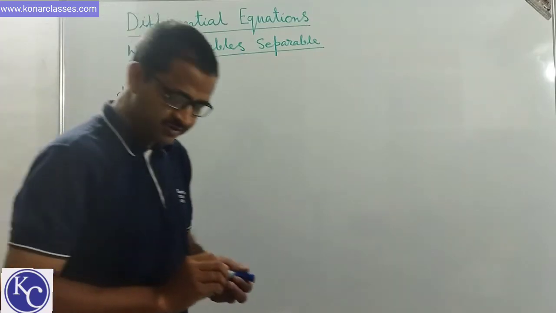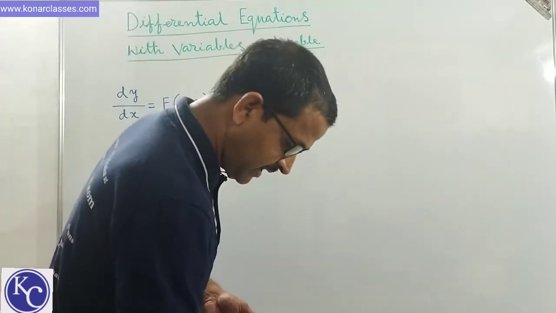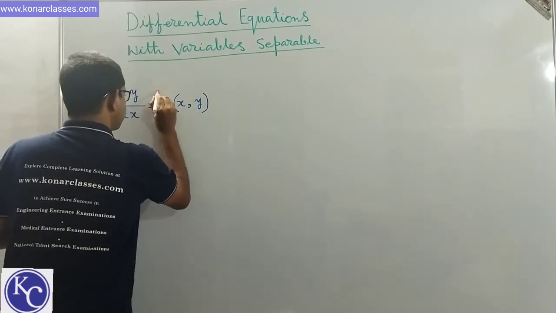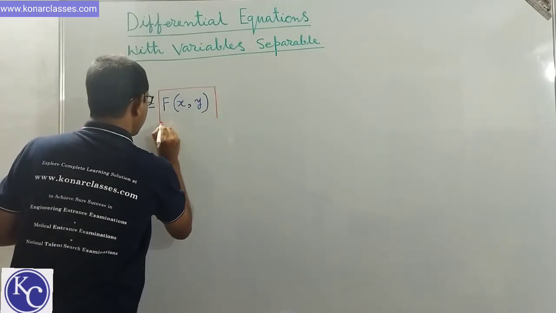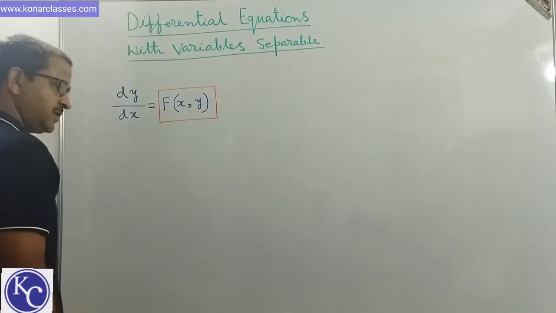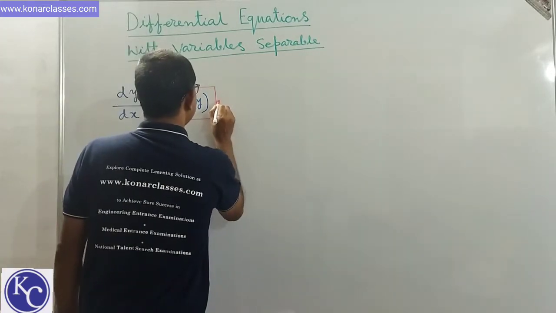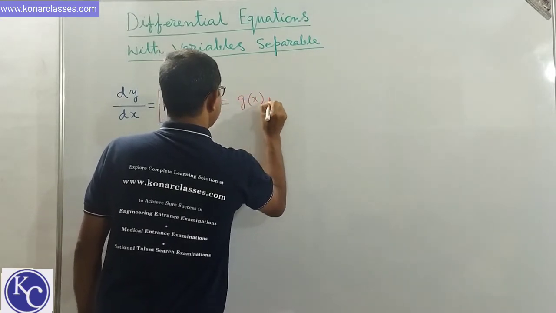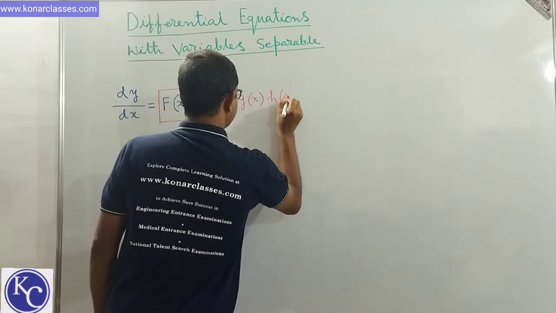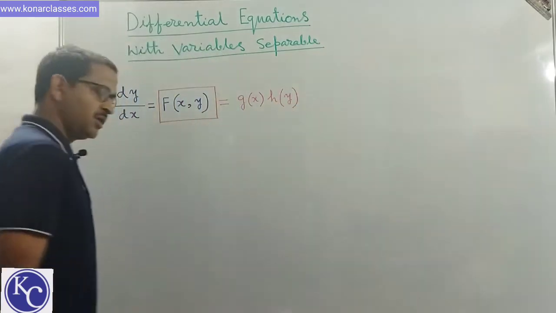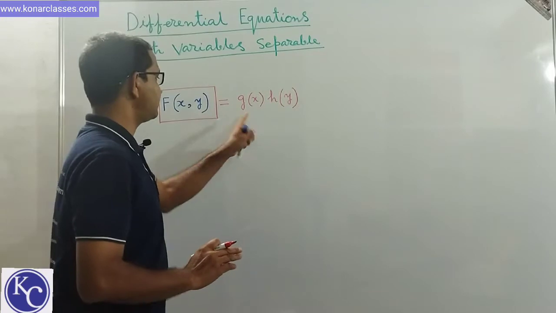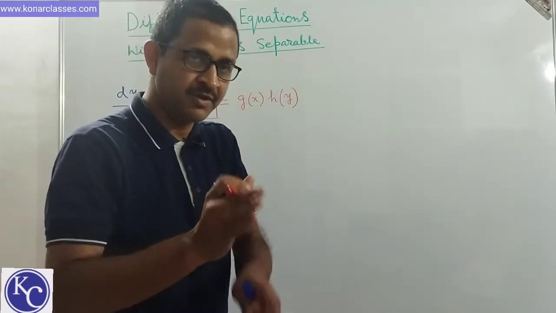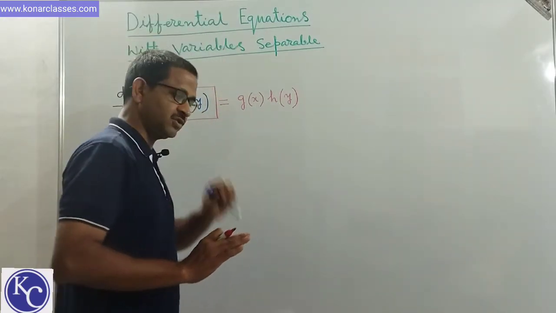Now if we can express this function as a product of two functions, such that it is equal to g(x) times h(y), then we can use this method. Not all functions can be expressed as a product of one function of x and another function of y; then we cannot approach this methodology.